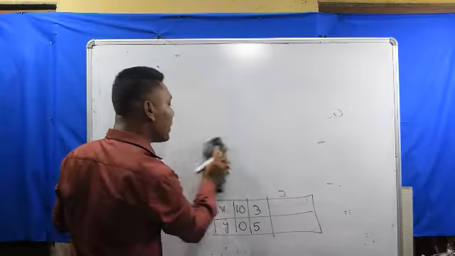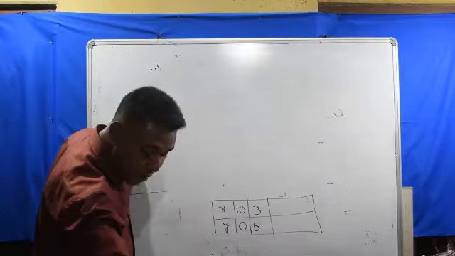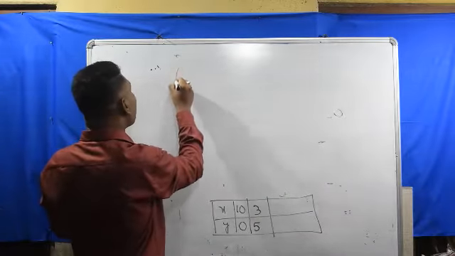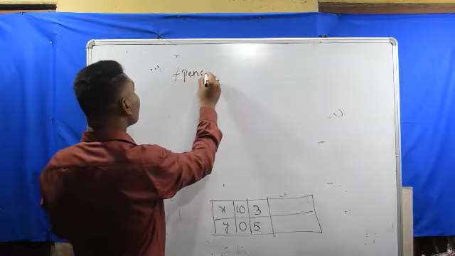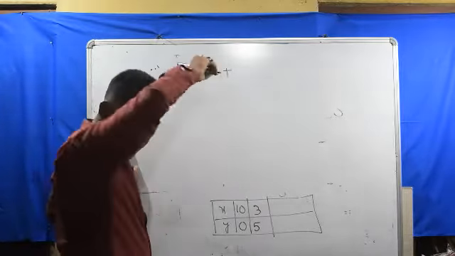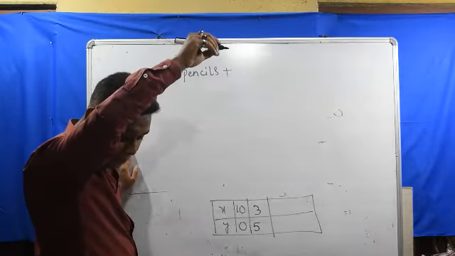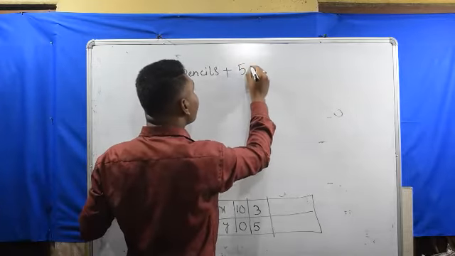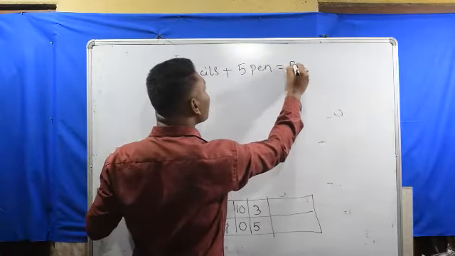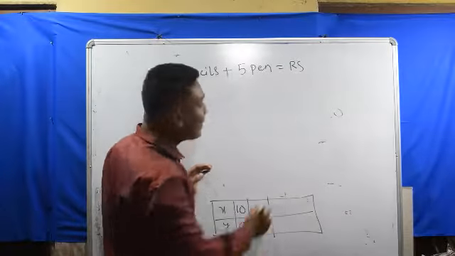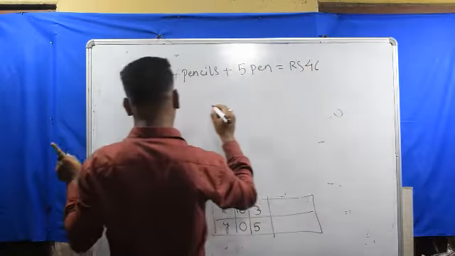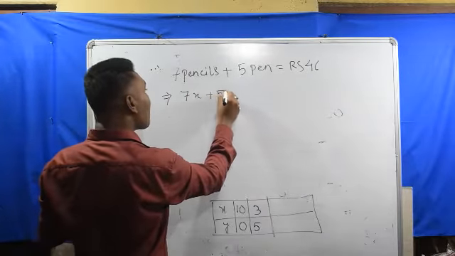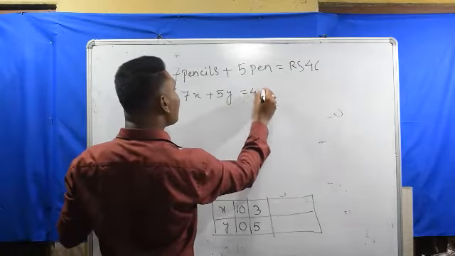The second part of the question is given as 7 pencils plus 5 pens together cost rupees 46. 7x plus 5y is equal to 46.